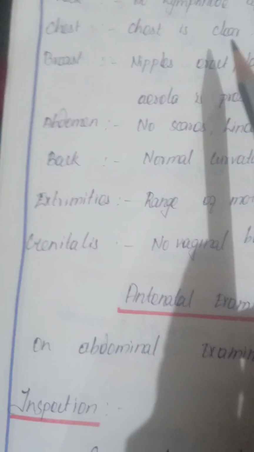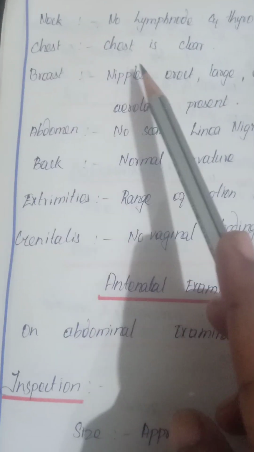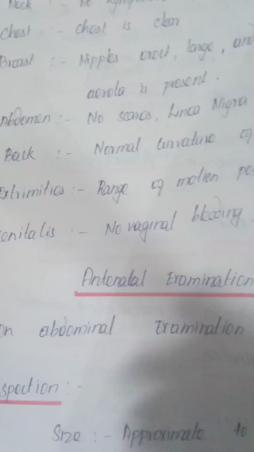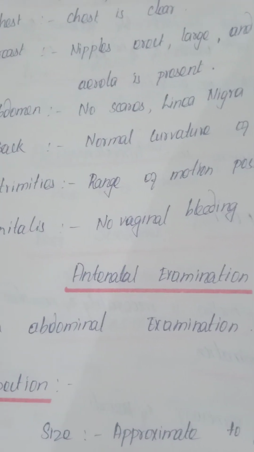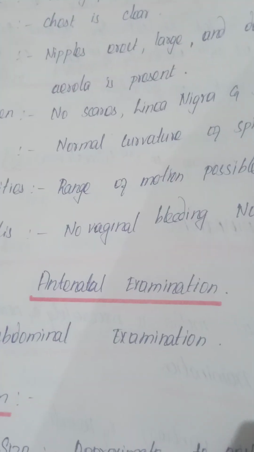Neck, no lymph node or thyroid enlargement. Chest is clear. Breast, nipple erect, large and deeply pigmented. Secondary areola is present. Abdomen, no scar, linea nigra and striae albicans present.